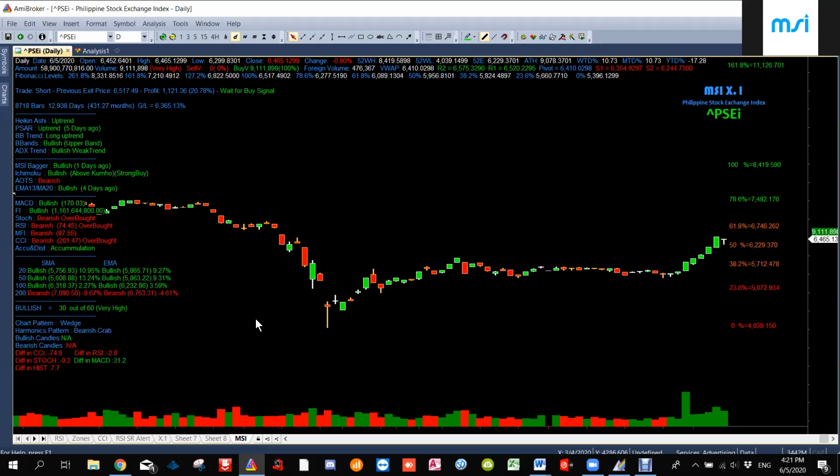Okay, so it gives you a sort of a moral support na if the bullish number is high, then there could be a bigger chance na yung price action is already overbought, and you can expect a sell down soon.